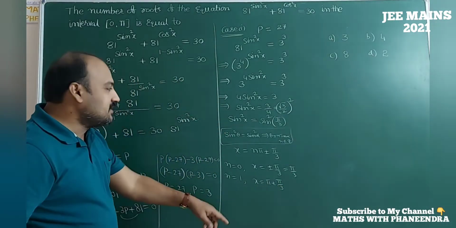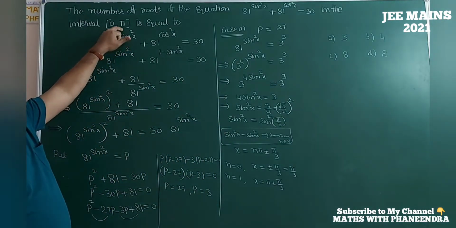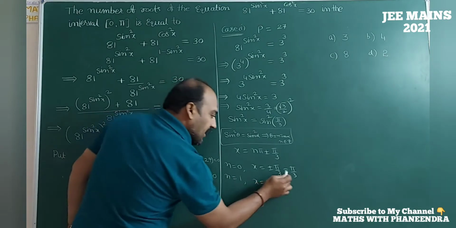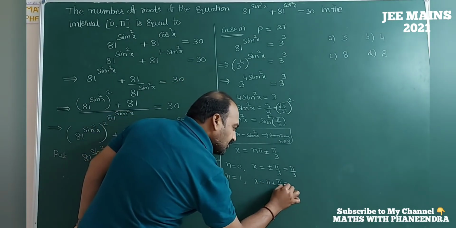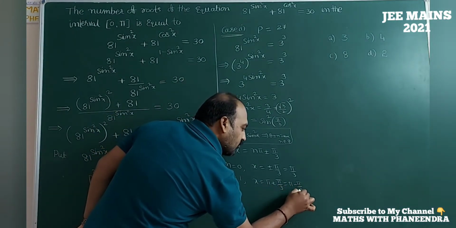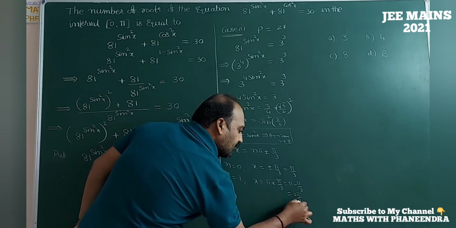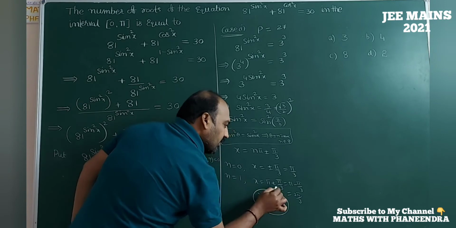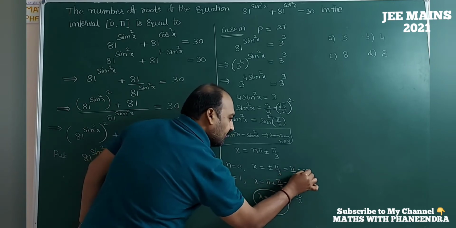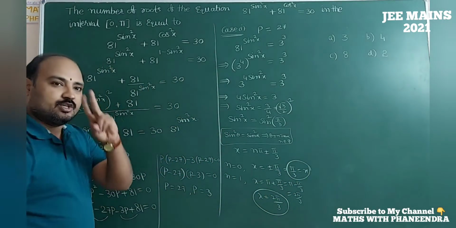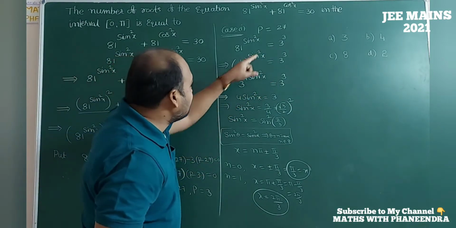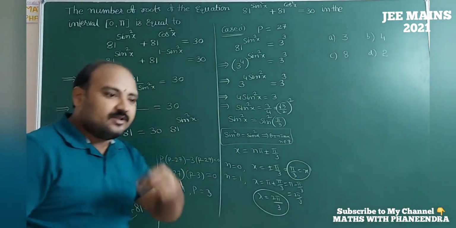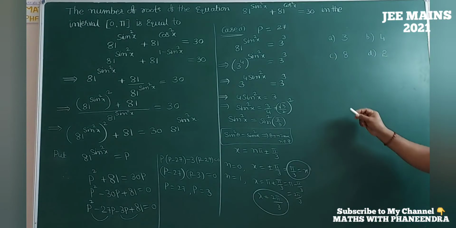But plus we cannot consider, because the maximum value is pi here. So only pi minus pi by 3, which is equal to 2 pi by 3. Therefore x is equal to 2 pi by 3 and x is equal to pi by 3. Here one solution, here one solution, two solutions are there. But another case is there, no? Case 2: p is equal to 3. That also I am going to explain to you students.